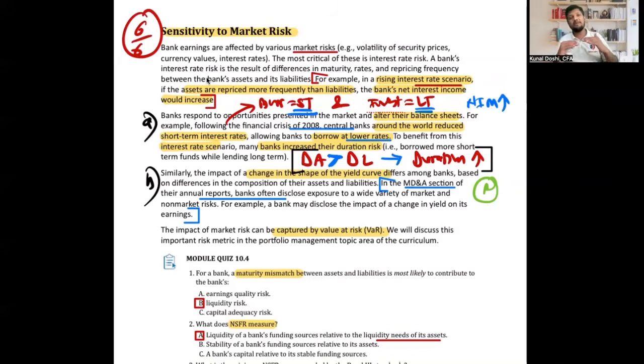So banks generally have a positive duration gap because the duration of assets is higher, and therefore they are affected by the interest rate risk. So if there is an increase or decrease in the shape of the yield curve, or basically an increase or decrease in the YTM, that will definitely affect the bank's balance sheet.